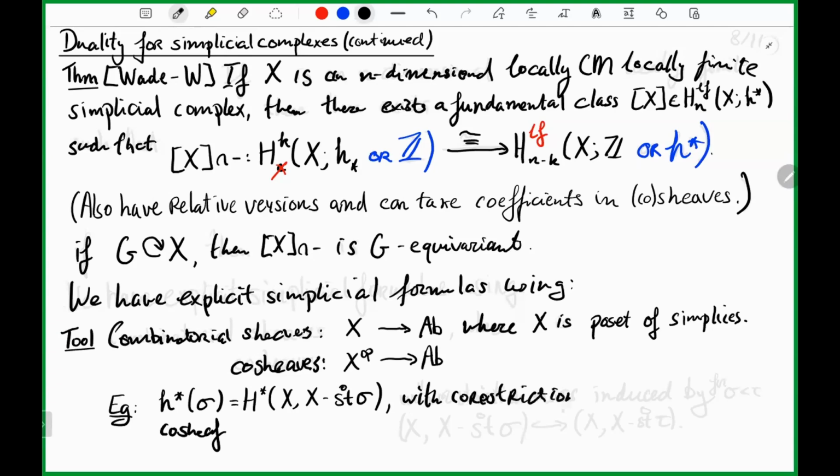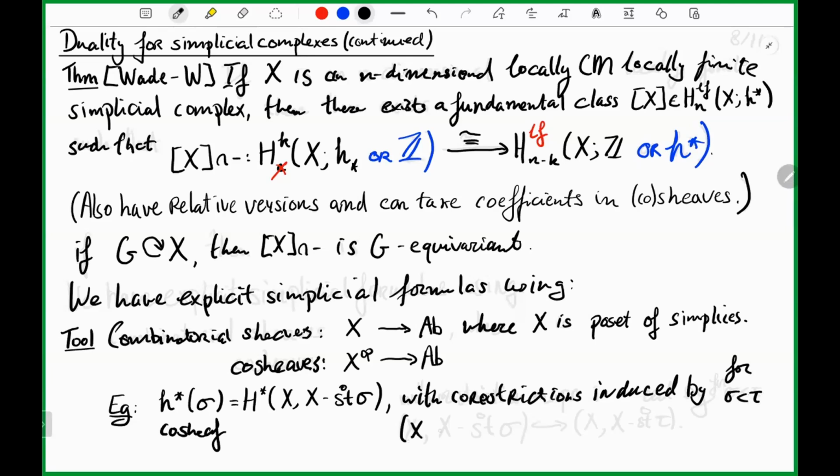Of course, that's only the data of what you assign. And then for the co-restrictions, whenever sigma is contained in tau, I need to produce the map from the value at tau to the value at sigma.